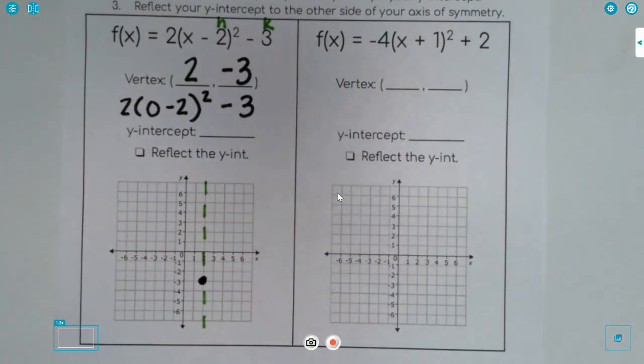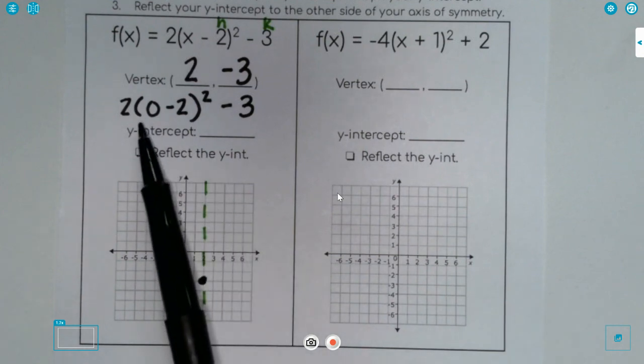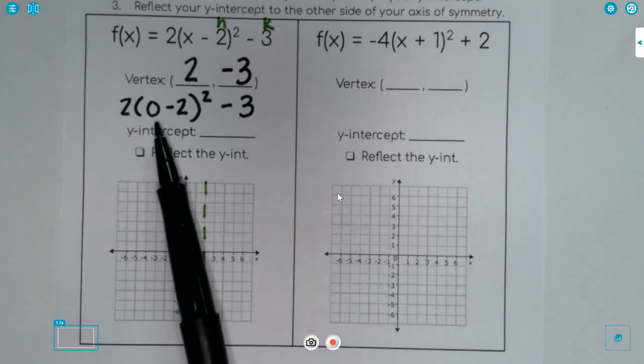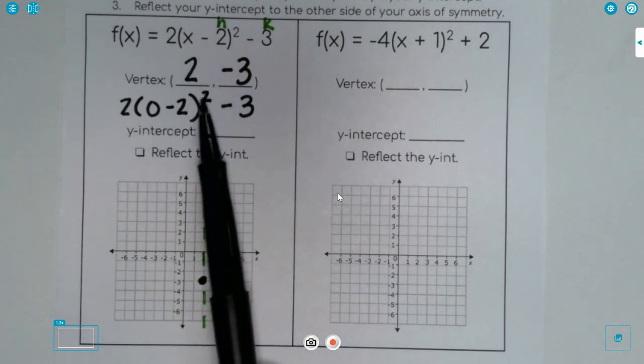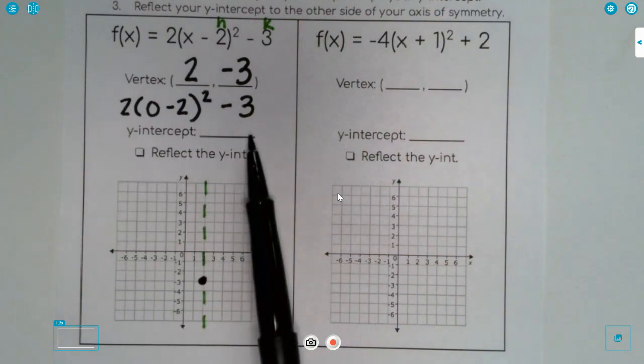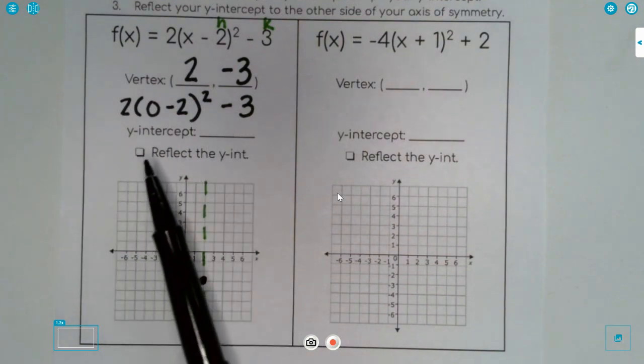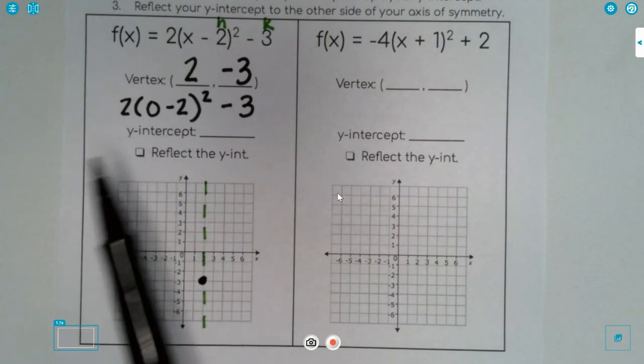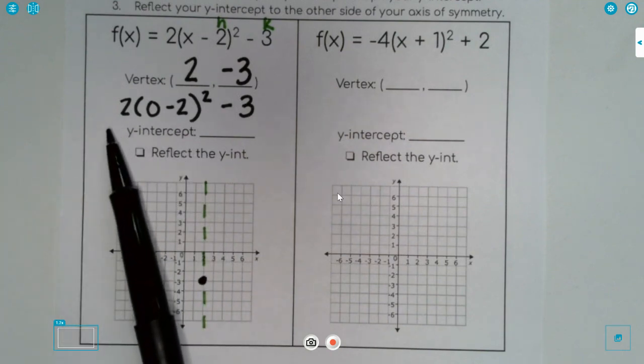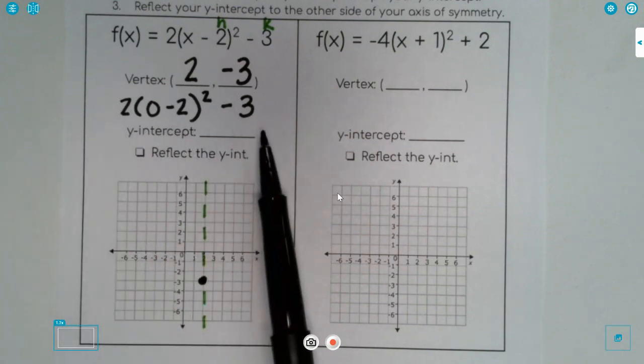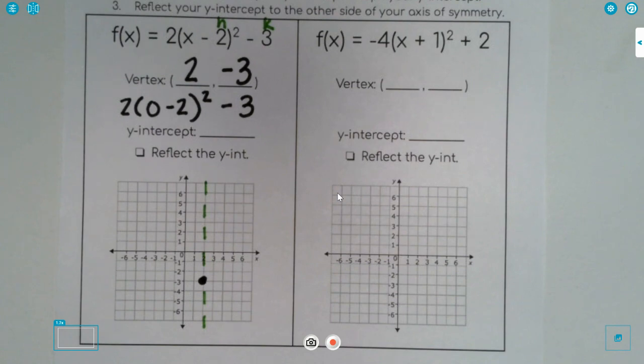You could do that by hand. You would have to do 0 minus 2 because it's in the parentheses, then square that, then multiply that by 2, and then subtract 3. That's a lot of steps, and you have to make sure you do it in the right order. It's way easier to just plug this entire thing into your calculator and make sure you put the parentheses in the right spot.